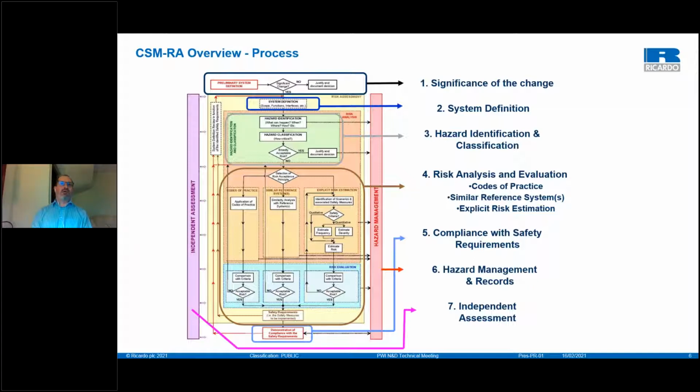A little bit on risk analysis and evaluation: having identified the hazards, how you treat them, how you provide evidence that you're complying with the safety requirements that you are determining to manage those hazards, where you are documenting your hazards and how you maintain that documentation over the life of the project.